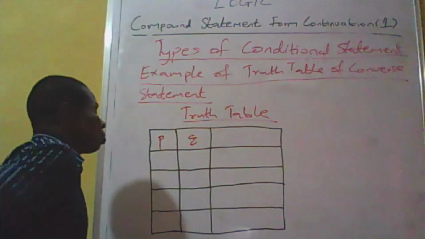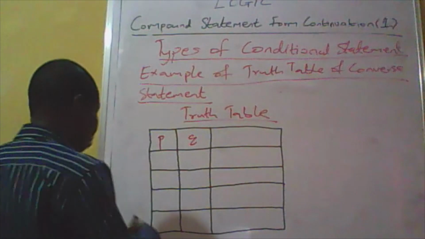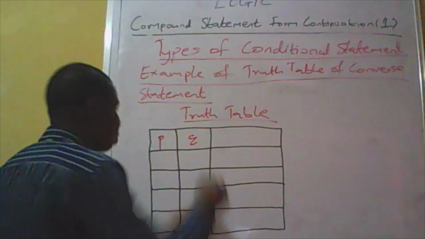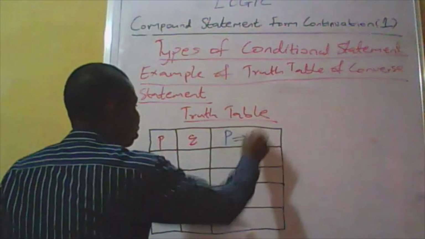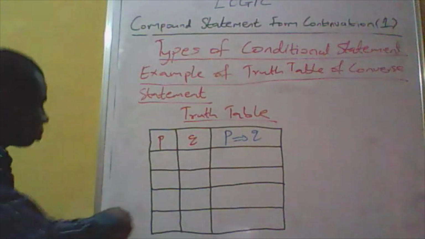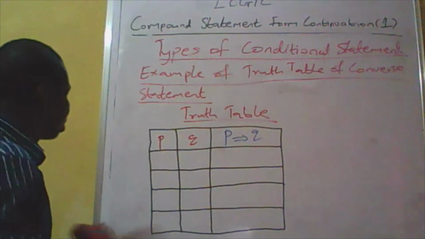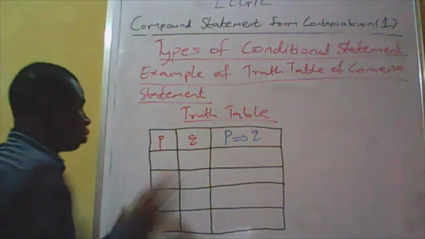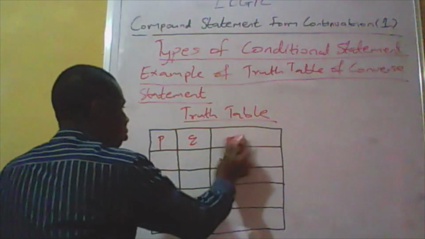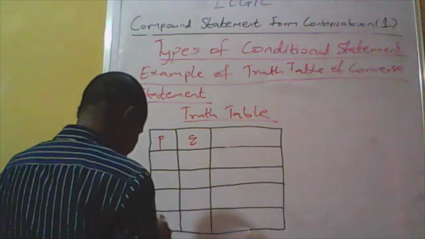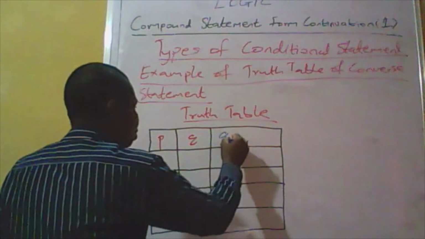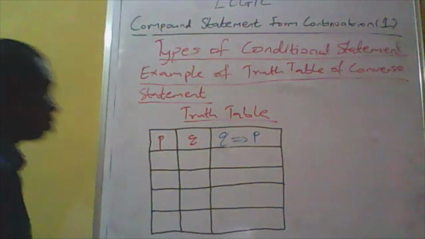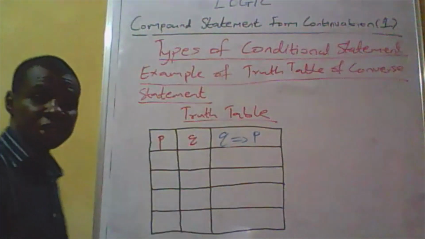We have P implies Q. Since you have two simple statements, sorry, it's not P implies Q, it's wrong. It is Q implies P. That is the converse statement. The other one is the conditional statement.